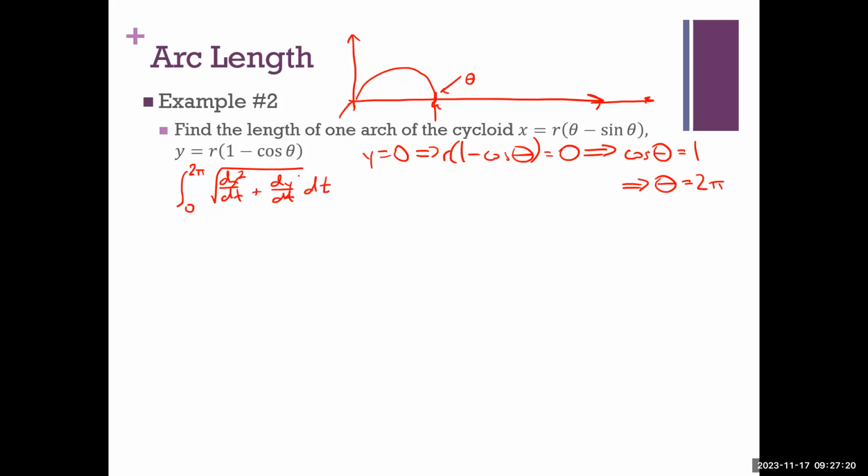Okay, good. Yeah, I need each of these to be squared. So let's go for that. What is the derivative? Yeah, let's do some scratch work over here. What is dx/dt? Keep calling it t. Dx d theta and dy d theta.